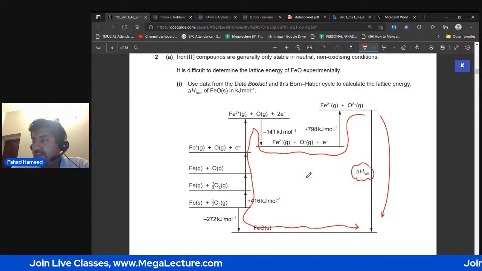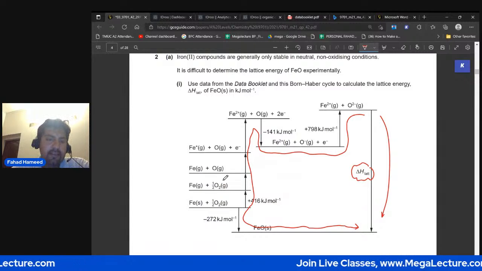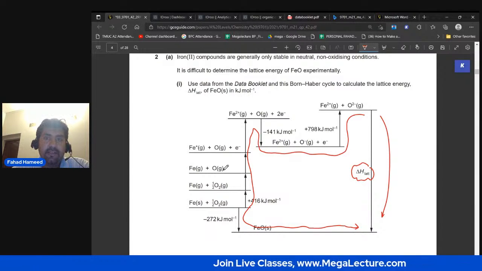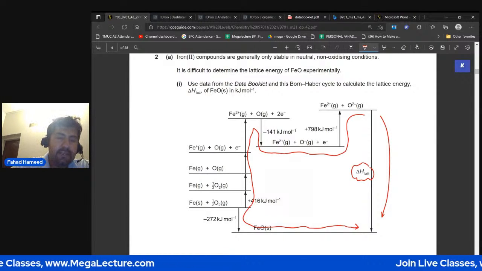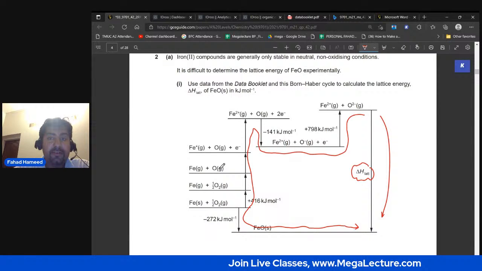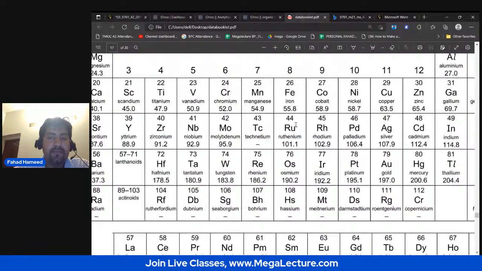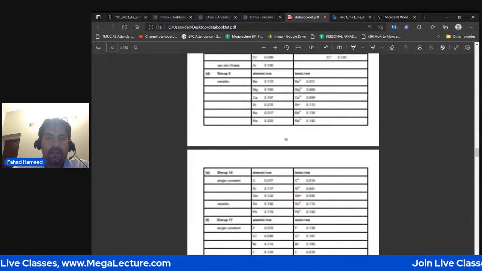So you have to figure out the missing values over here. First thing, half oxygen gas turning into oxygen atoms. That's enthalpy change of atomization, and you can find that value in the data booklet.